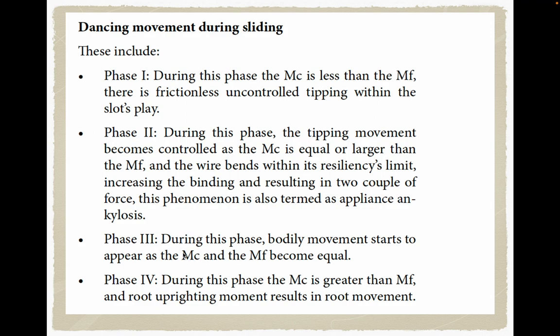Then you have phase 3, in which the bodily movement will start and the teeth will move bodily. After the bodily movement or space closure is finished, you keep the rectangular wire to the point that the counter moment is more than the moment of the force itself, and here comes the torque expression of the bracket.